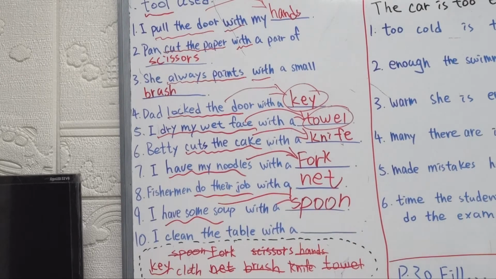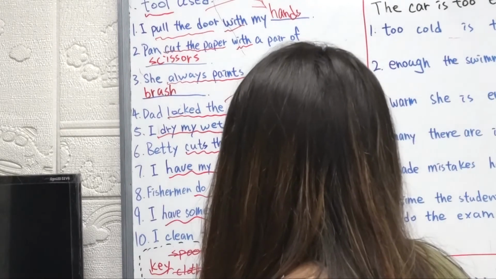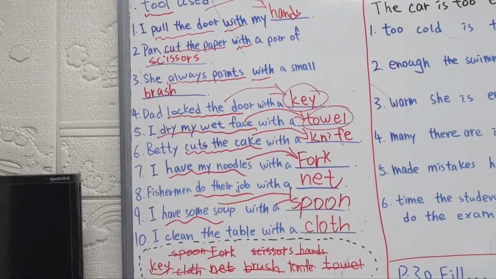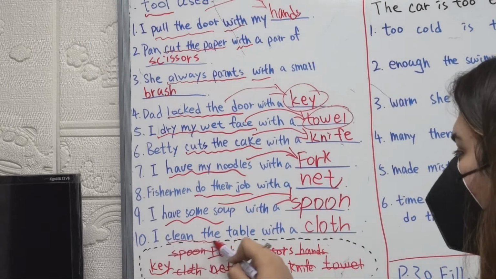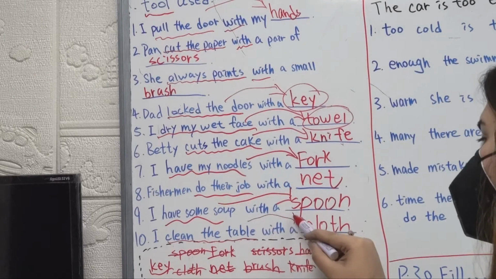Okay? Hope you understand. Last but not the least, I clean the table with a cloth. With a cloth. So all I want to do is clean the table, right? So the tool I use is a cloth.